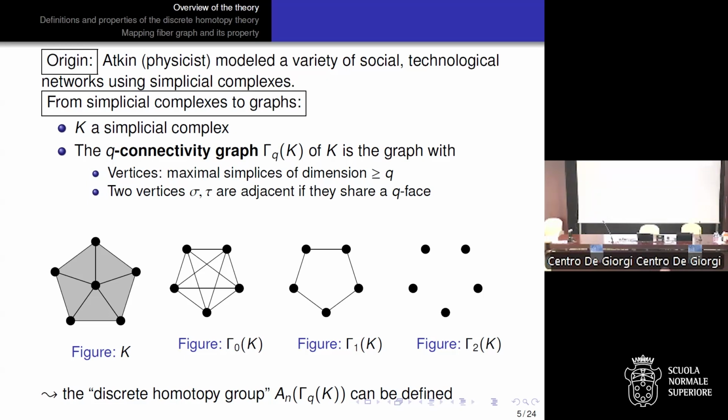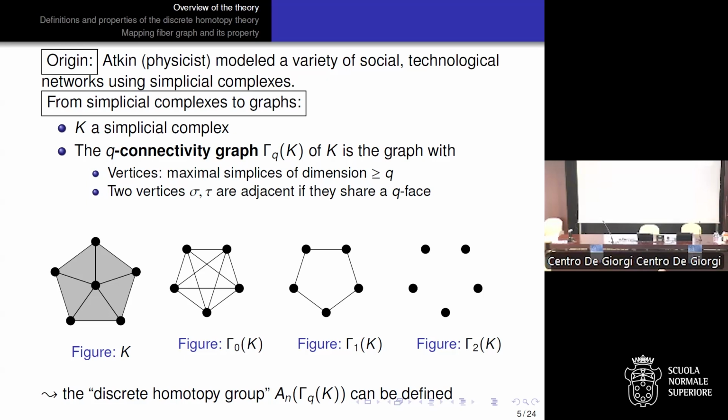Here is an example. Consider this simplicial complex with five triangles. Then gamma 0 K is just a complete graph. And gamma 1 K is this cyclic graph, because we have five vertices corresponding to each face, and each pair of neighboring faces has a one-dimensional edge as intersection, so we connect these two vertices.